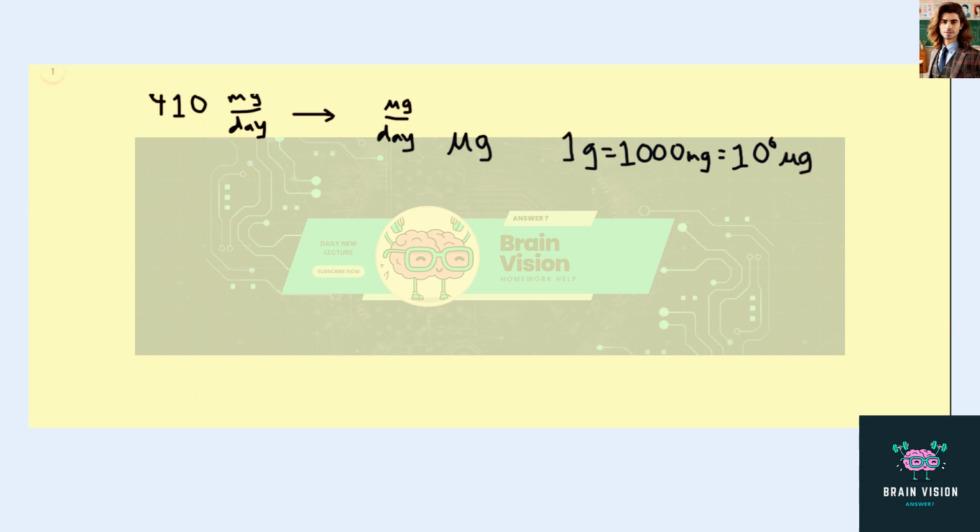And so when we want to do a unit conversion right here, we realize that there are actually 1,000 micrograms in a milligram.